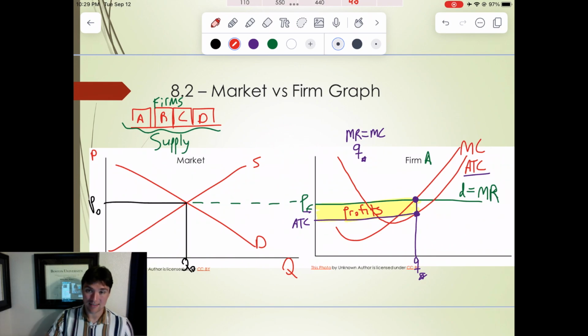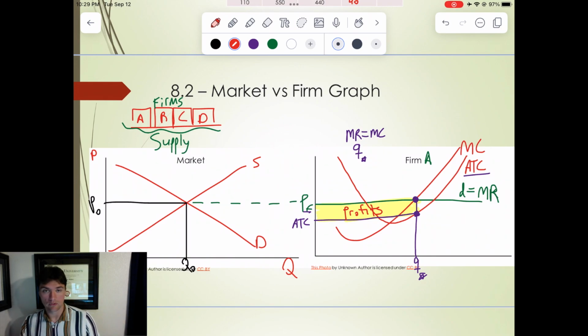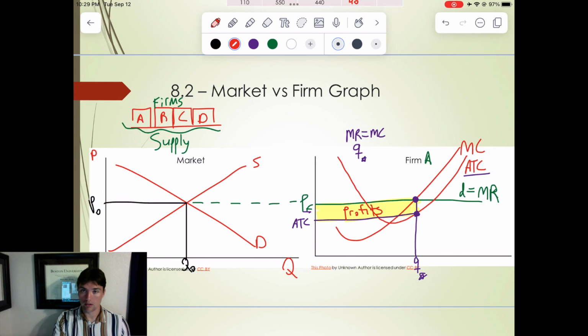So this is what the perfect competition graph looks like. We have a market, we have a firm, and on the firm graph we have the marginal revenue, we have the marginal cost, and the ATC. And then we can find the area of profits.